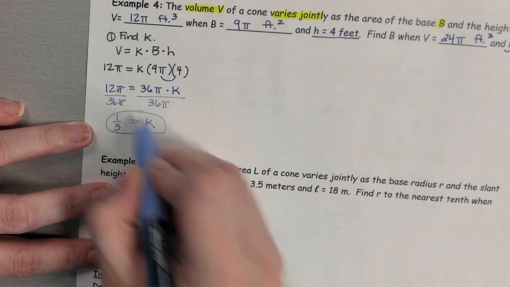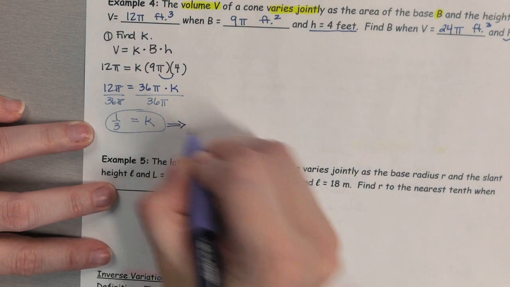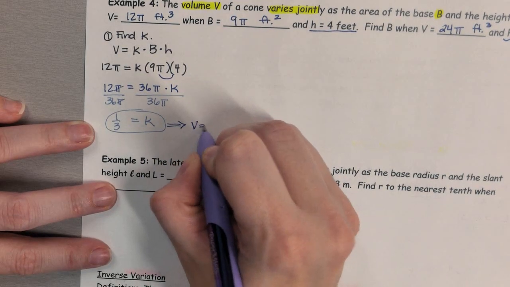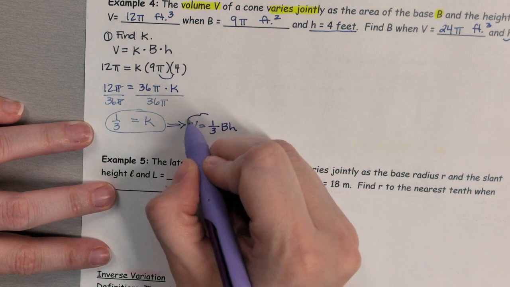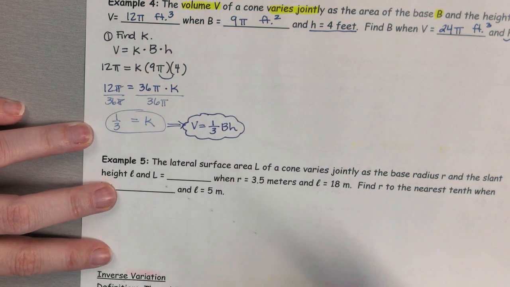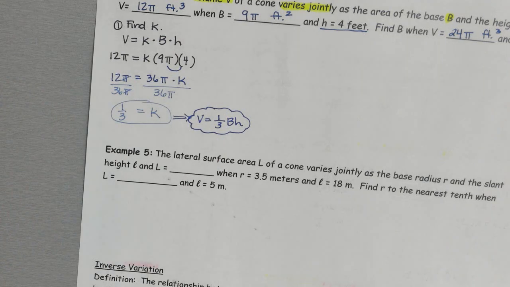That's great. And then we're going to write the function. Okay, so the function is going to be V equals 1/3 B times H. And this is the formula for the volume of a cone. Do you guys remember doing any of that?